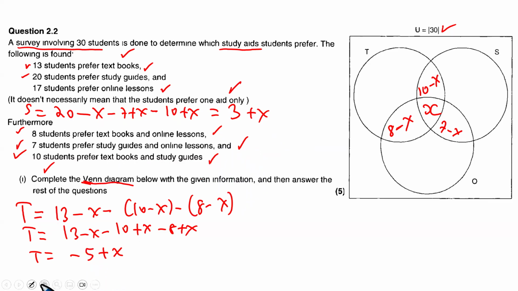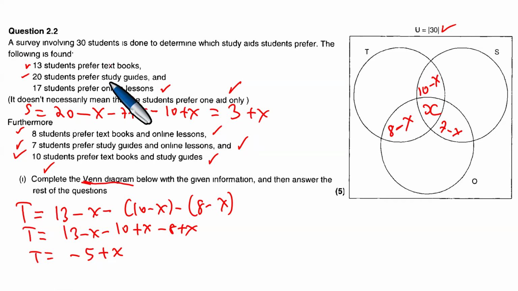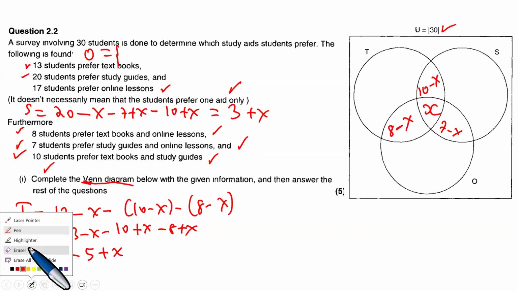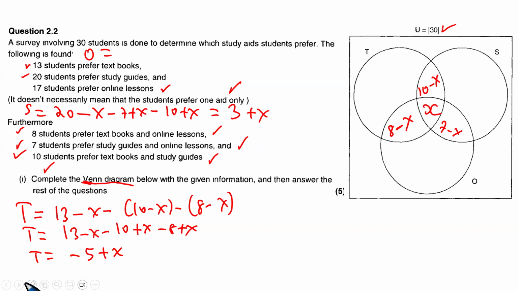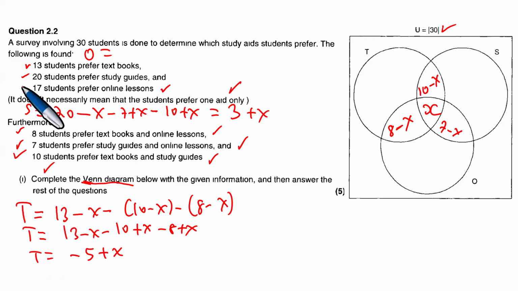Let us continue with our analysis of this very interesting Venn diagram question. Now let us look at the online classes. There are some students who love online classes relative to the study guides and everything else. How many of those are there? Those students are 17.